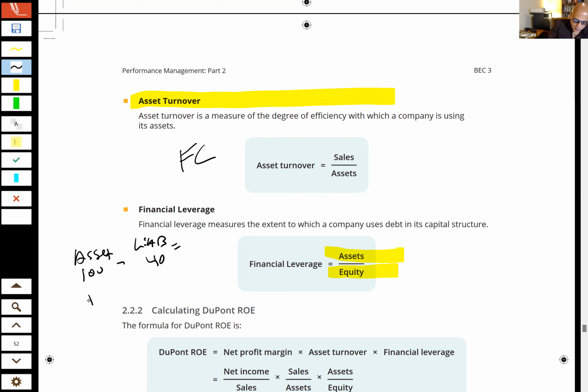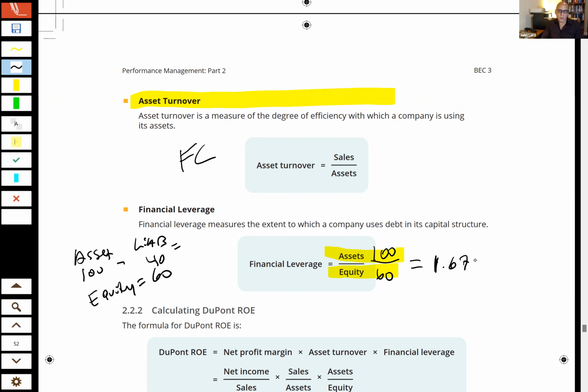What is my equity? Not a trick question. 60. Good. So I'm going to have 60 in the denominator here, and in the numerator, my assets of 100. So 100 divided by 60 gives me financial leverage of 1.67.